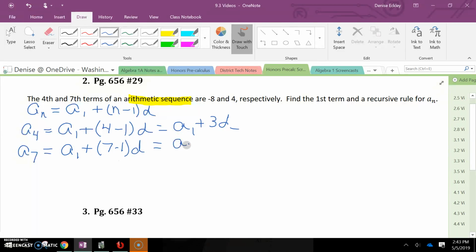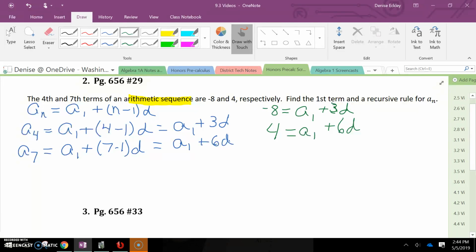So I have a sub 1 plus 6d. Now what I'm going to do is solve a system of equations using these. So I have -8 equals a sub 1 plus 3d, and 4 equals a sub 1 plus 6d.